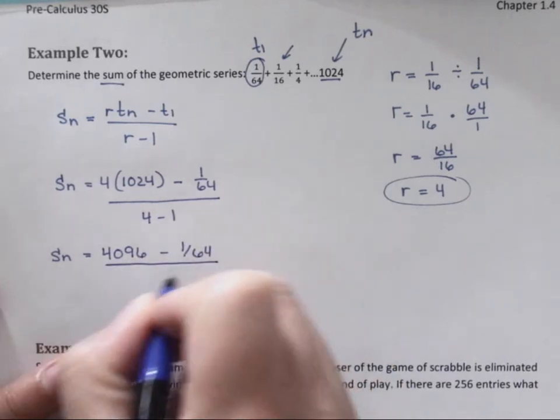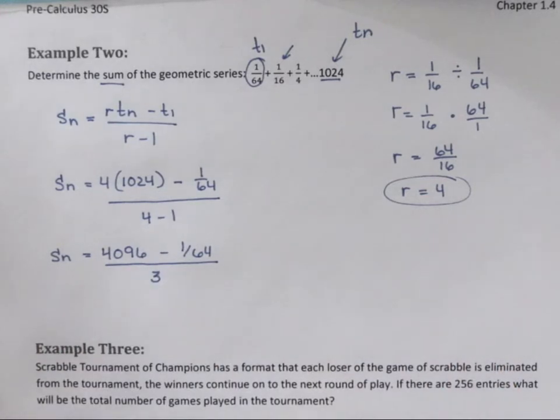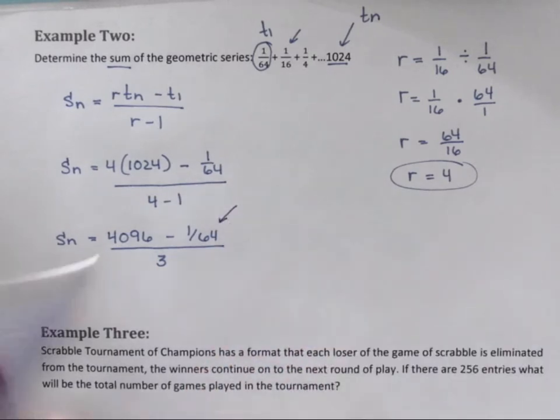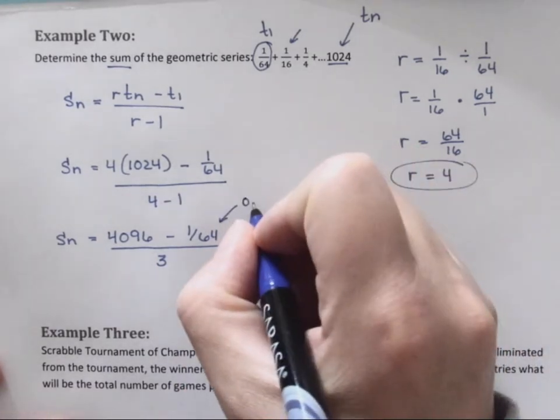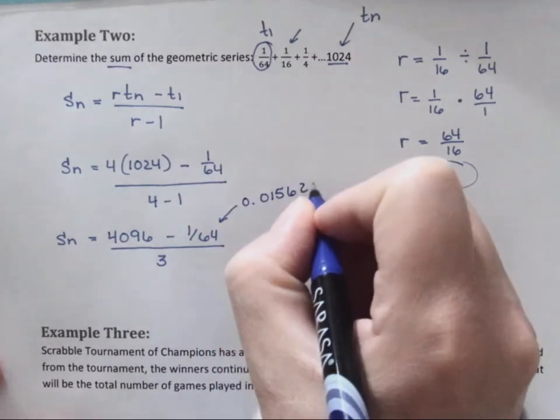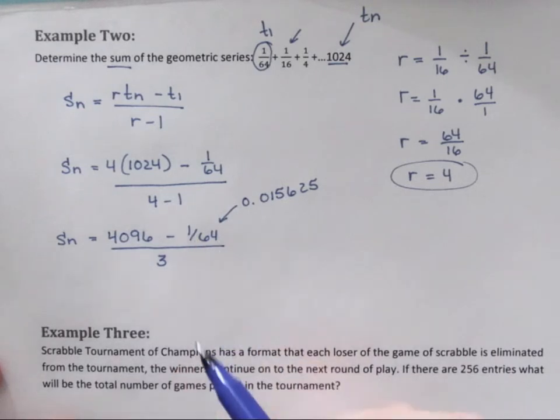How do you guys feel about going to decimals on this one? Just to make it a little bit easier since you suffered through. So if I change that into a decimal, that is 0.015625. And all I did in my calculator was take 1 and divide it by 64.